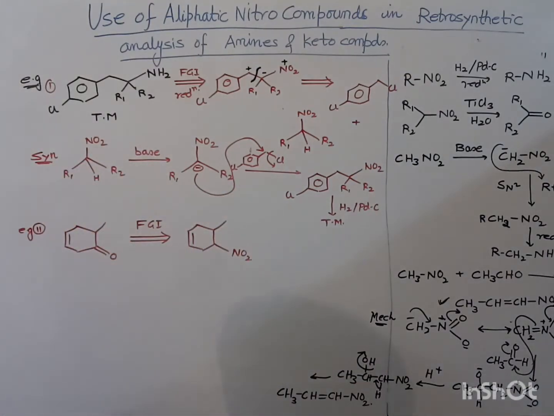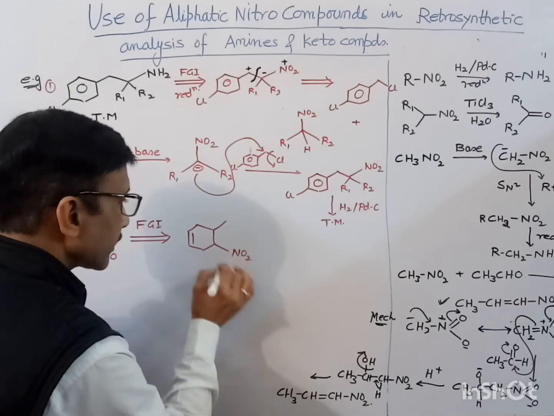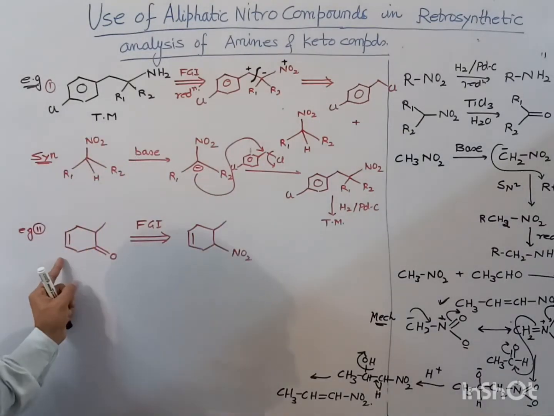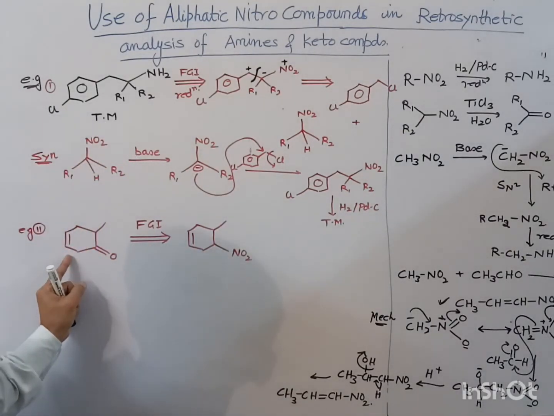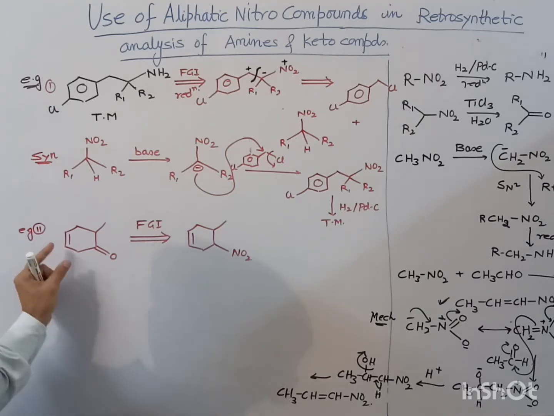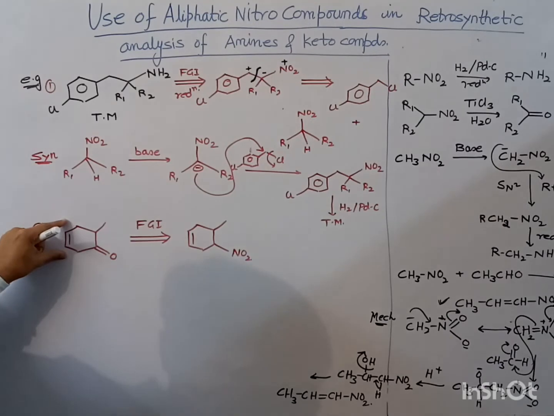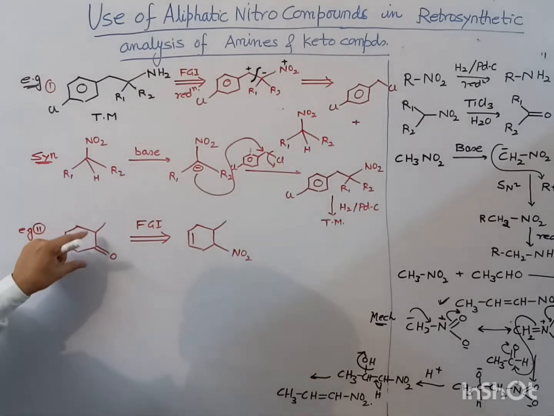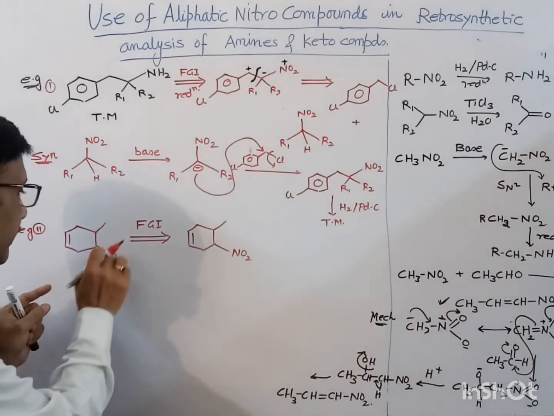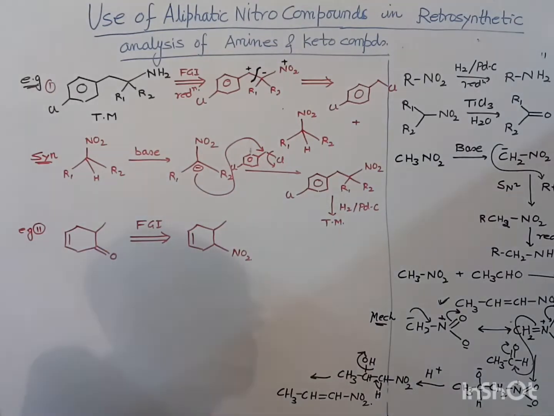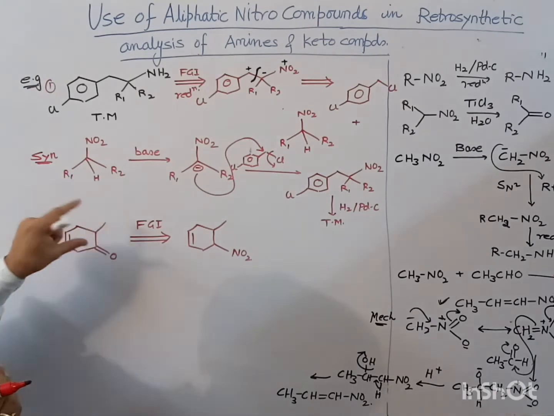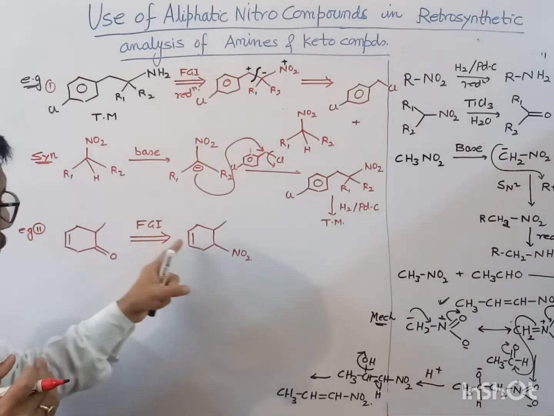Okay. Now, what is the reason for writing NO2 here? Because this is a cyclohexene. After converting into the diene and dienophile, this dienophile, as all of you know, should have an electron withdrawing group. So that's why this FGI is done.